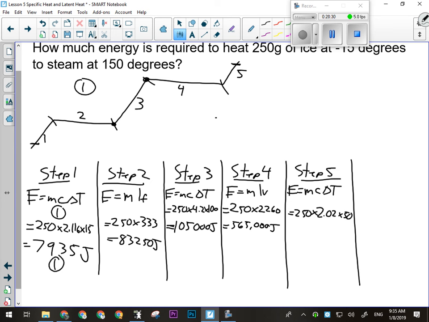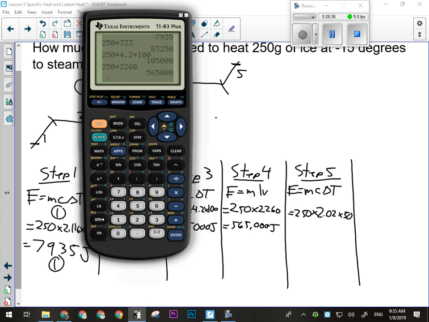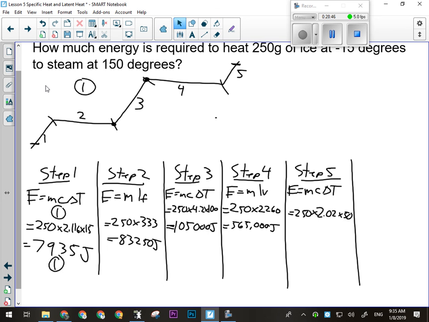I'm only heating the steam from 100 to 150. All right, so we're looking at 25,250 joules.